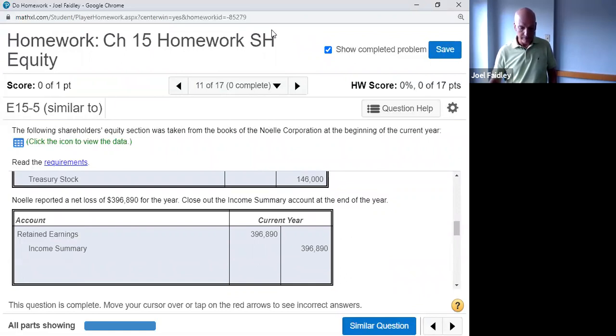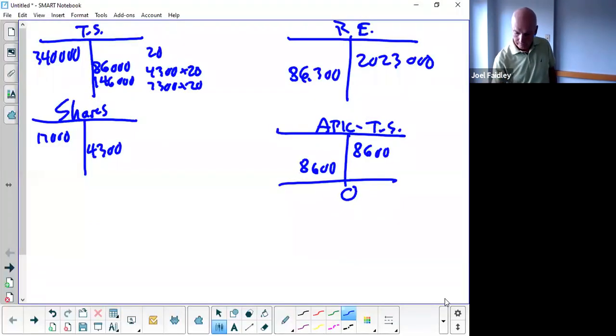Close out income summary. So the loss tells you it's got to be a debit. $396,890 loss to retained earnings. A long problem.